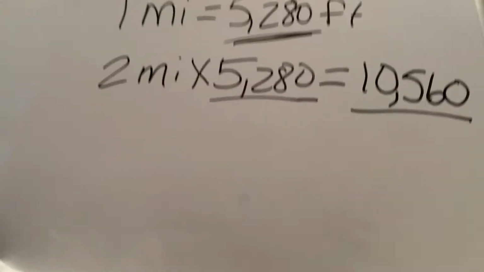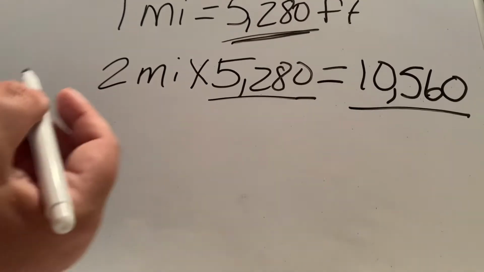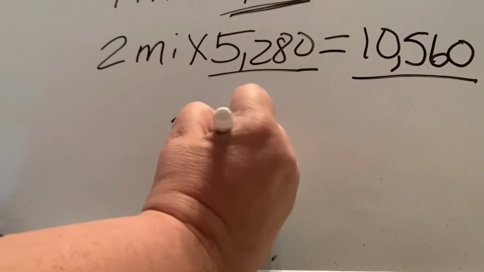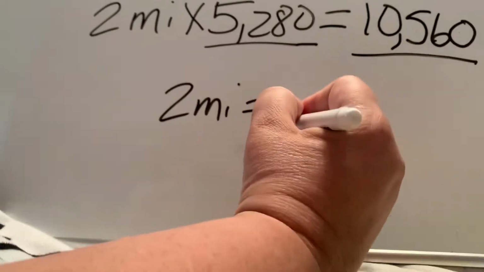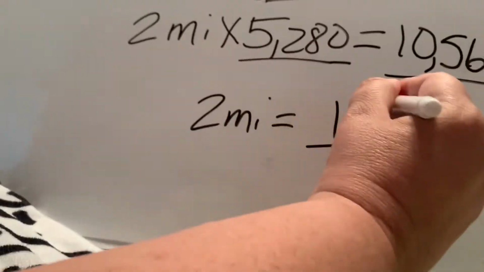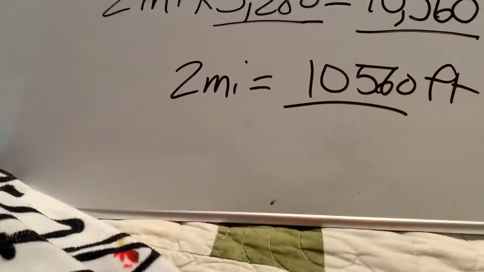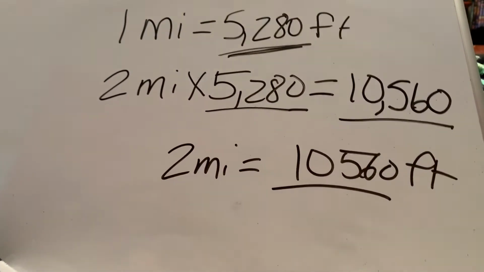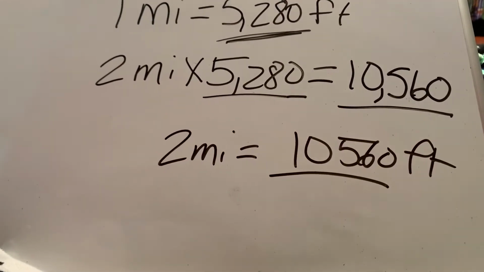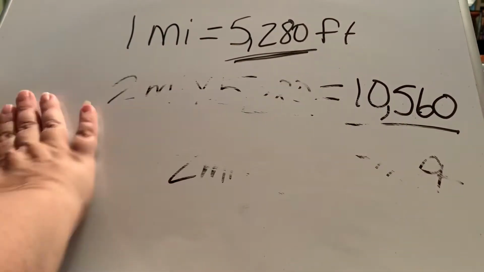Then underneath it says 2 miles equals 10,560 feet. Those should be all the blanks filled in on that page. Are y'all starting to see why y'all kind of had that backwards? All right, let's look at example 2.